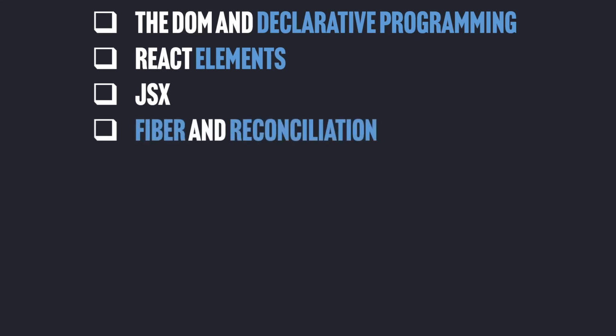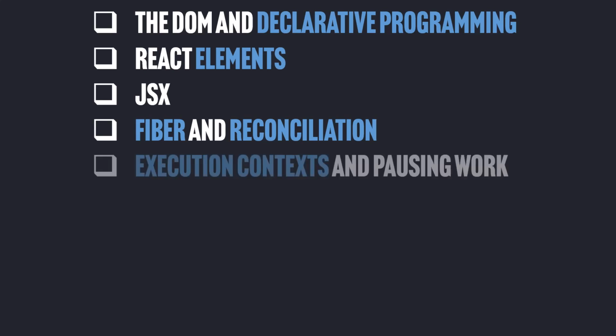Then with that, we'll move on to how we get from React elements to the DOM with fiber and reconciliation, the fundamental structures and algorithms that make React work. And on top of that, we'll talk about execution contexts, and not just the ones that are part of the JavaScript engine, which we've talked about in my other courses, but the custom execution context within React that allows React to divide and pause work, and what that means.